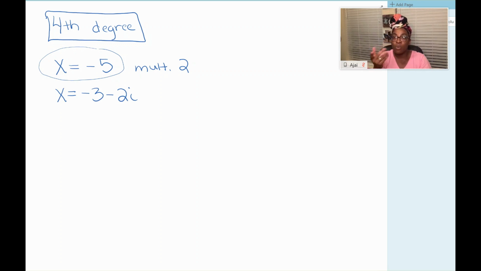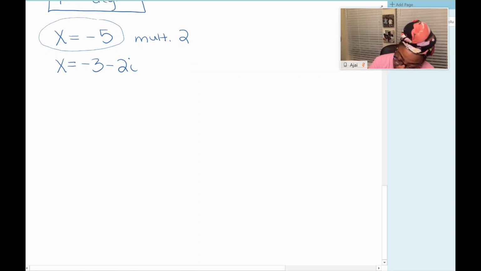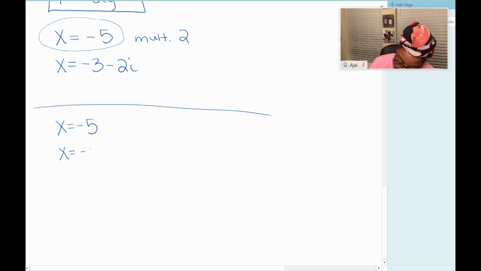So if you saw one that said you have a multiplicity of 3, you should write it 3 times. Multiplicity basically tells you how many times it's being repeated. So if I was to rewrite this, since the multiplicity is 2, it should be written 2 times. I have x equals -5 and x is equal to -5. I should see it twice because they said the multiplicity is 2.